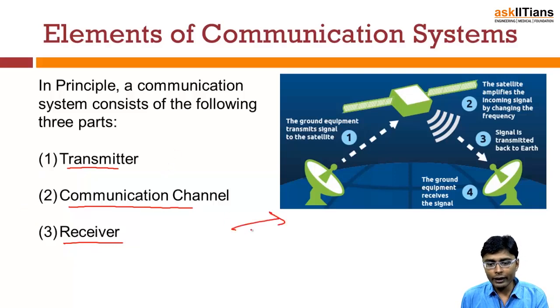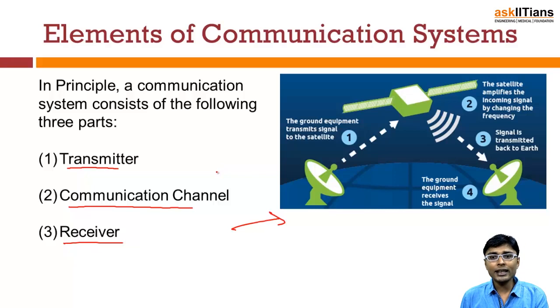If we look at the example in this image, it is an example of satellite communication. Two ground antennas and a satellite are used for transmission and reception.